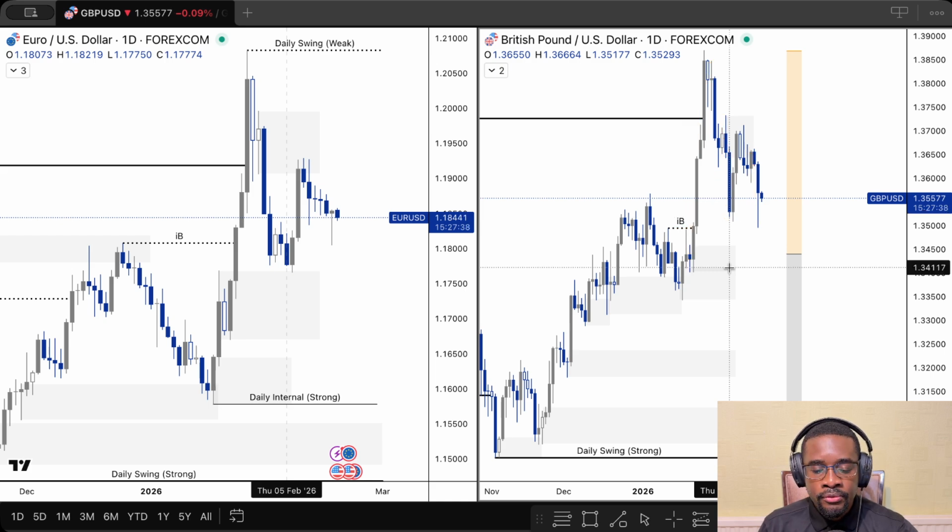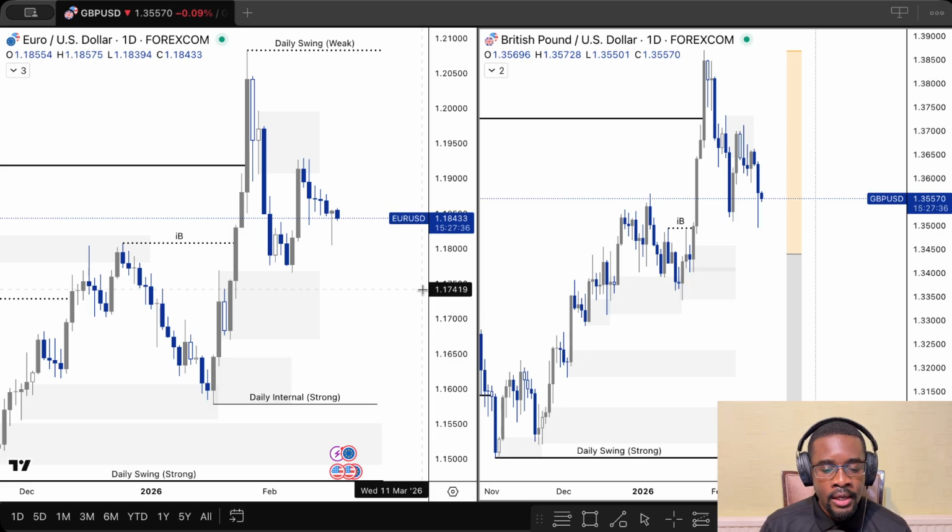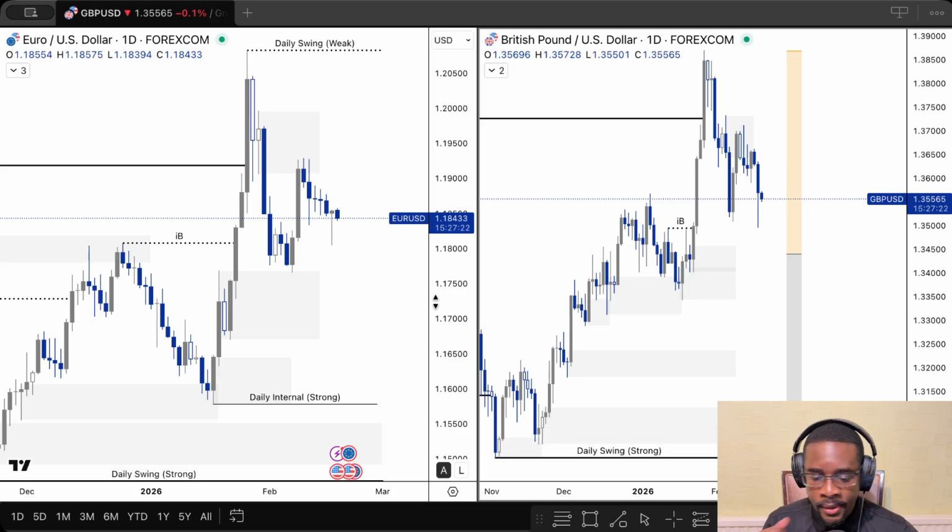One thing we have to understand is that when we do analysis, it's to give us a framework of what to expect, to make trading decisions based off of. It's not to say that this is what price has to do. Remember, the market is always right. Price will always do what it wants to do.